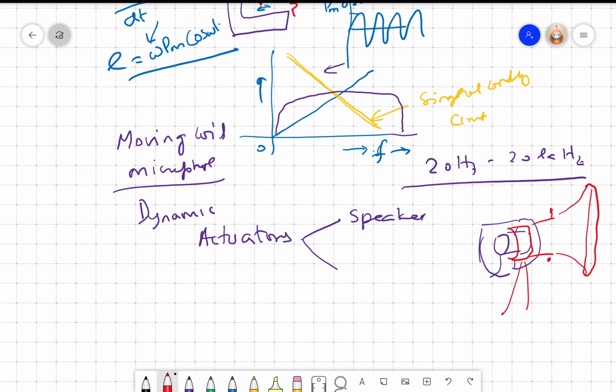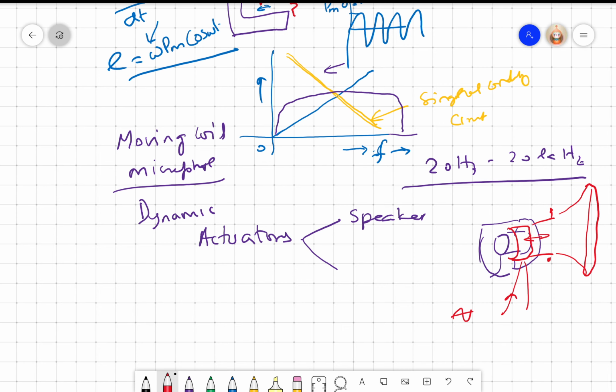So if I send a signal, the coil will vibrate, and that vibration will be transferred to the speaker cone, and you hear the music, right?